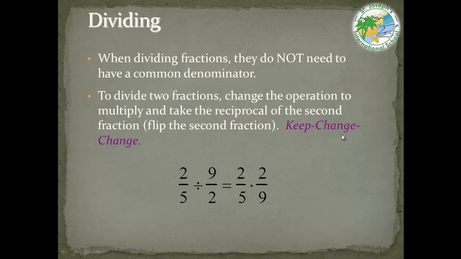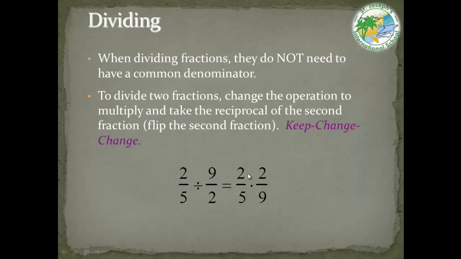Like this example: 2 over 5 divided by 9 over 2. Okay, keep 2 over 5, change the divide into times, and flip 9 over 2 to get 2 over 9.